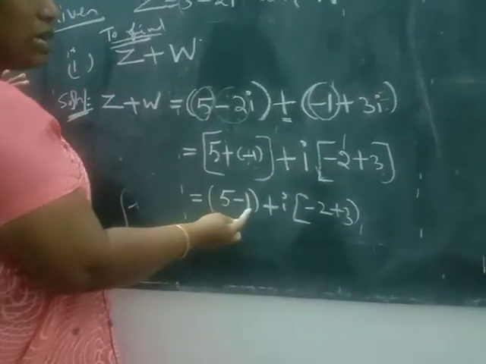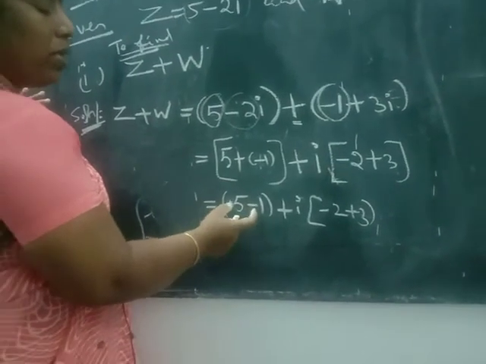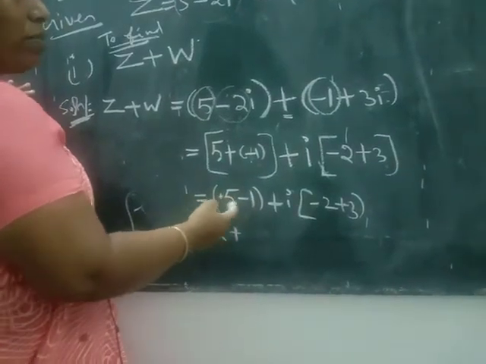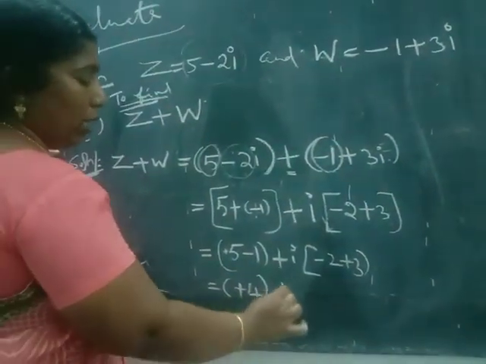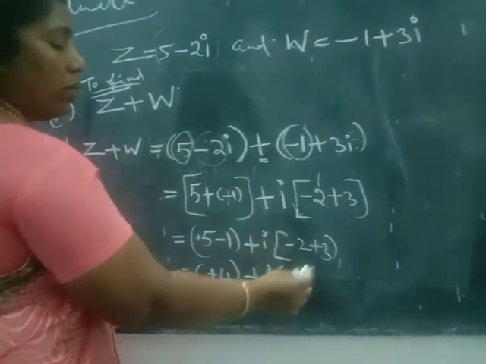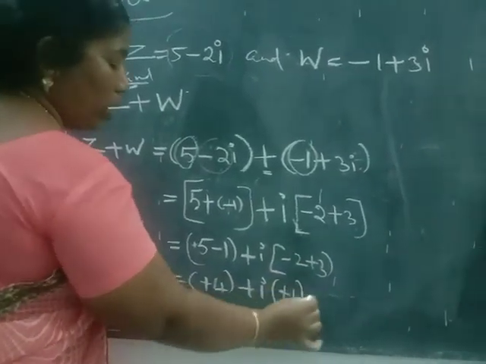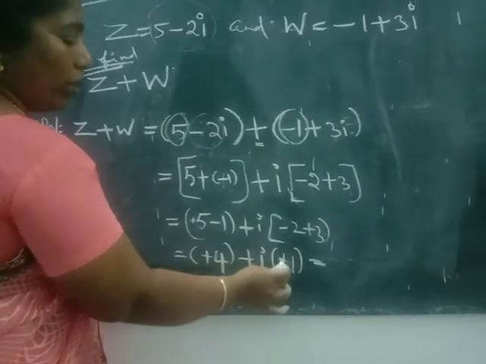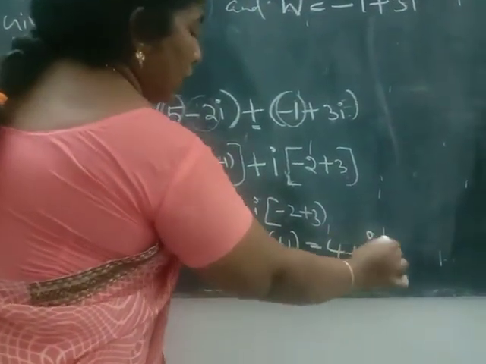Now, 5 and minus 1 have different signs, so put the sign of the greater number. If you subtract 1 from 5, what will you get? 4, with a plus sign. Here also the signs are different, and because the greater number's sign is plus, subtracting 2 from 3 gives 1. So this is 4 plus i.